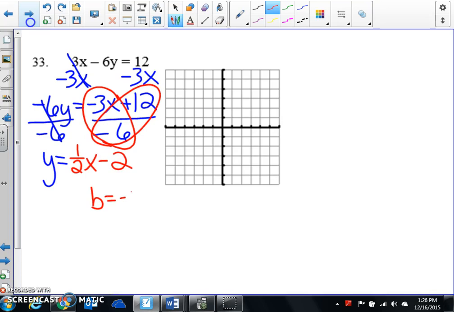So my b is equal to negative 2. My slope is 1/2. So I go to the y-axis to negative 2, and then I rise 1, run 2. Fall 1, left 2. Connect my dots. Before I move on, I'm going up the mountain, so I should have a positive slope. Sure enough, I have a positive slope.